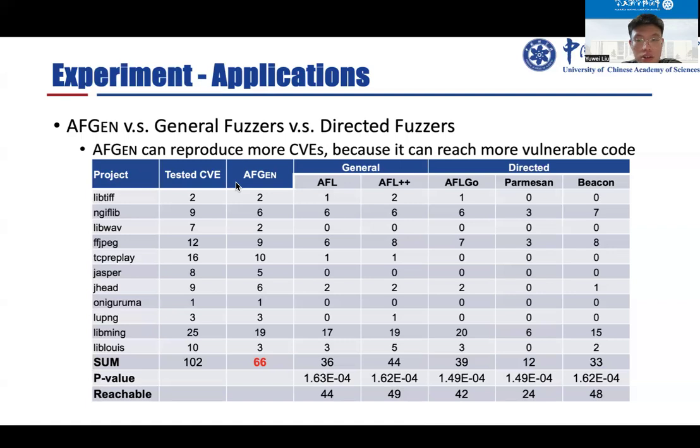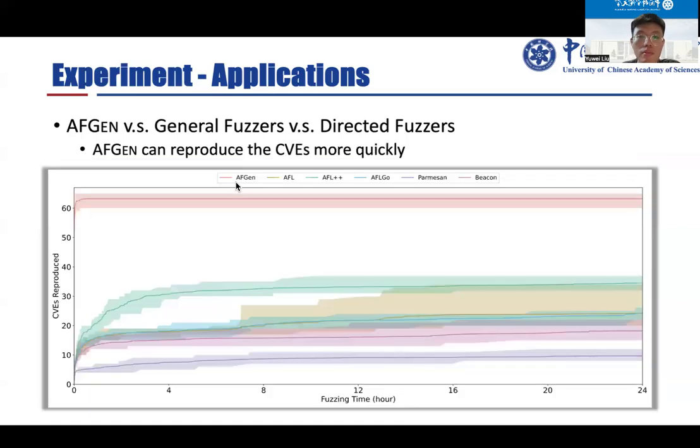The results show that AFGEN can reach more vulnerable code. And AFGEN can reproduce the CVEs more quickly. It reproduced the CVEs in the first hour, while the compared tools finished the reproduction after 4 hours.